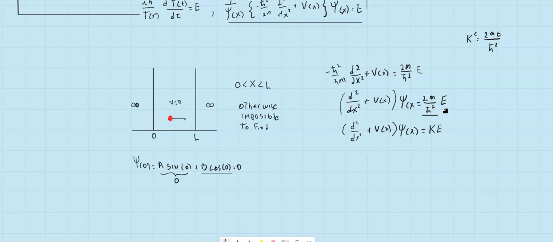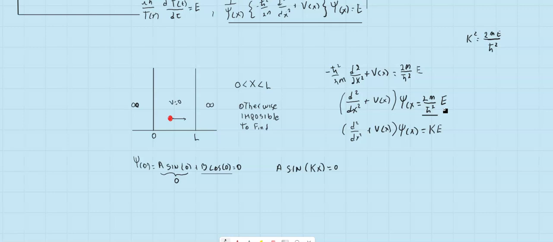So I know already that my function psi of 0 is going to be A sine of constant k times x, which must be equal to 0.